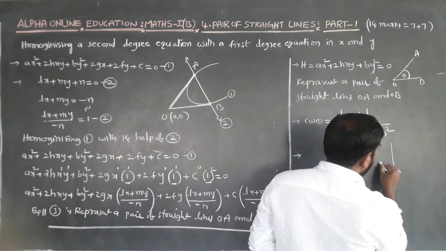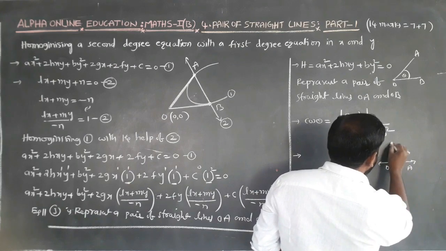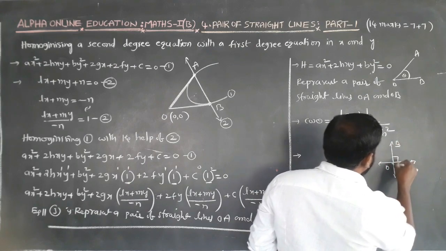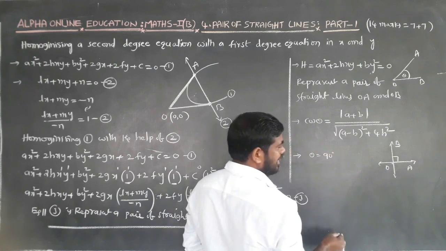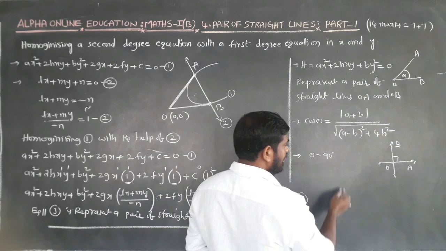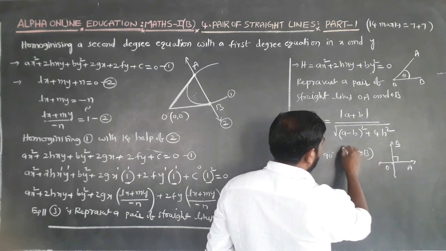If the two lines are perpendicular, the angle between the two lines is 90 degrees. Here OA is perpendicular to OB.